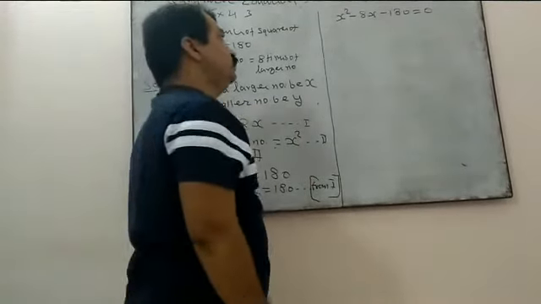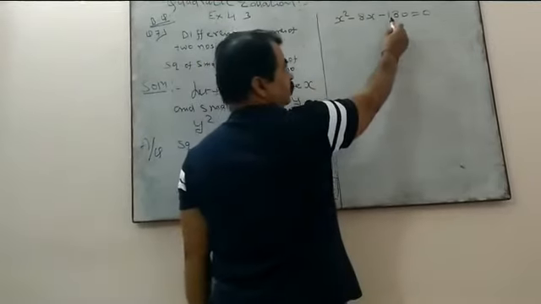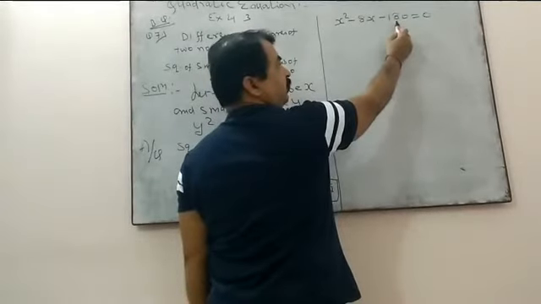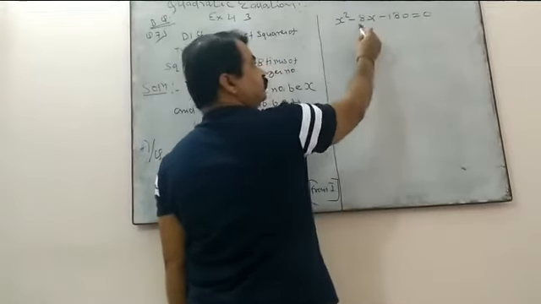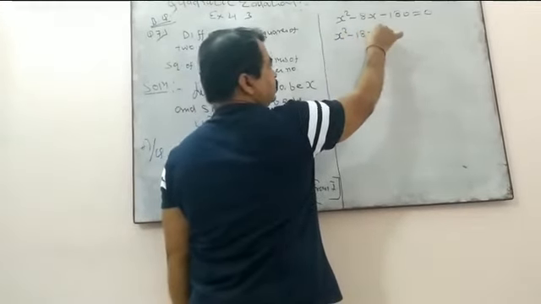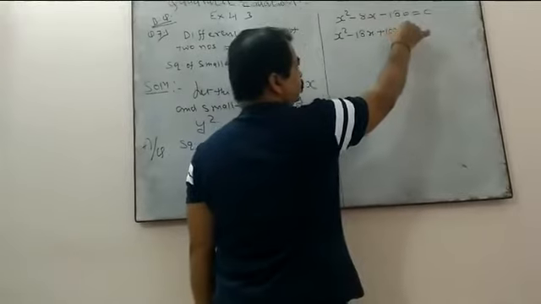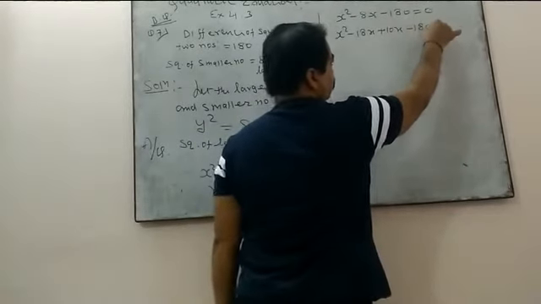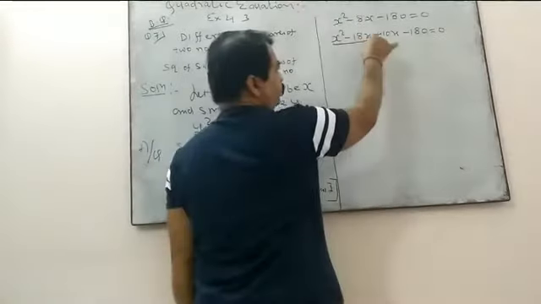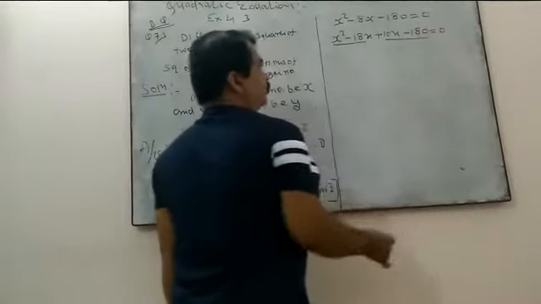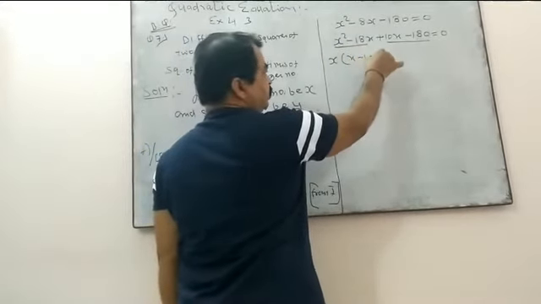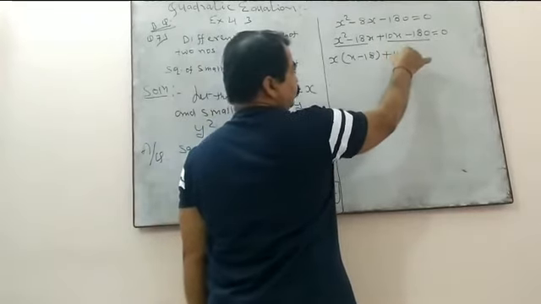Now we are free to solve. See, the constant is 180, 18 times 10 is 180, and minus 18 plus 10 of the same factors, you will get the middle term. So x square minus 18x plus 10x minus 180 equal to 0. Right? We got the 4 terms here. Now take the pair of 2, take x common. So we get x minus 18, plus 10 common.